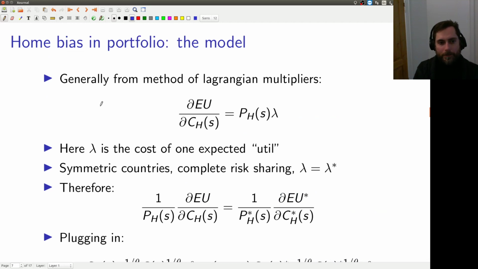All right, so I'm going to be sort of hand wavy here. I guess it's not too hand wavy. We've gone through quite a few models that have this feature that when you use the method of Lagrangian multipliers, we're always going to get an equation that looks like this. So when we maximize this Lagrangian, let's just write a very stark Lagrangian here.